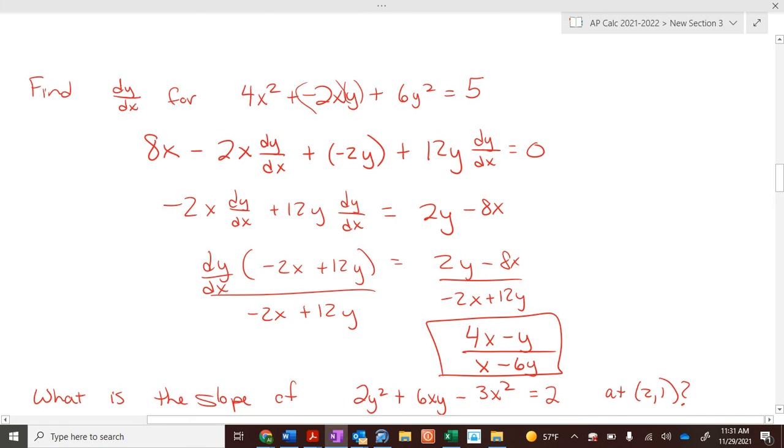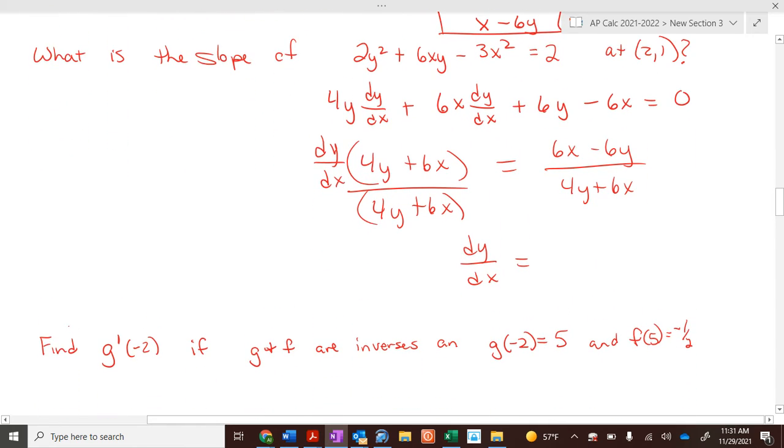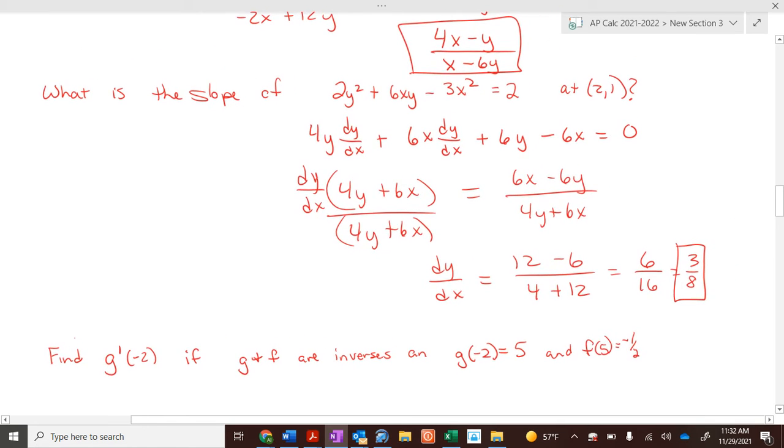Oh, okay. Makes sense. So now if we stick in 2, 1, you get 12 minus 6 over 4 plus 12. So it's 6 over 16, which is 3/8. So 3/8 is the slope at 2, 1.